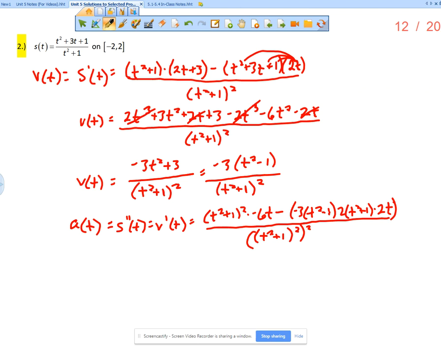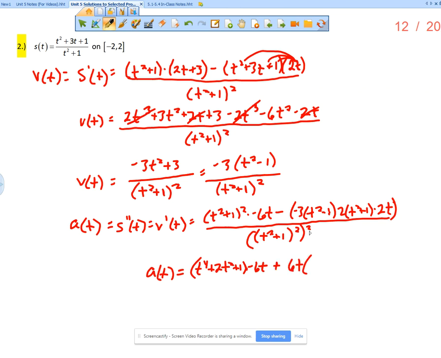Now I want to simplify. So a of t is going to equal, if I distribute the negative 6t, so I get negative 6t cubed. Oops, I'm sorry, that is not right. This was t squared plus 1 squared, so we're going to multiply that out. That's going to be t to the fourth plus 2t squared plus 1. Then we're going to distribute the negative 6t. Then minus, now I'm going to deal with a little bit of this. I've got the 2t there, and then I've got the minus 3 here, so it's going to become plus.